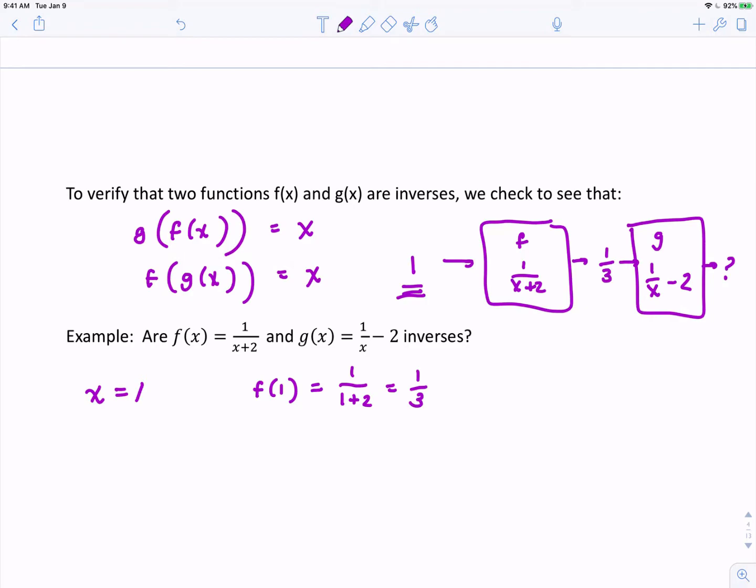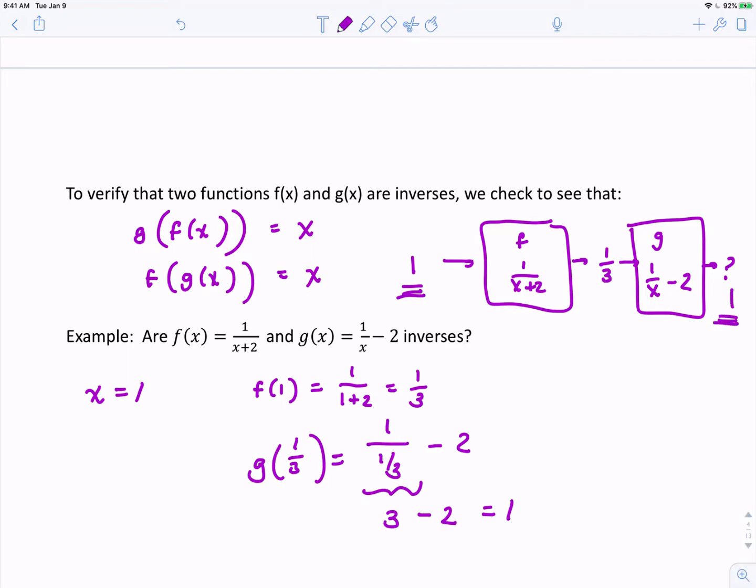So let's find out what g of 1/3 is. G of 1/3 would be equal to 1 over 1/3, in other words, the reciprocal of a third, minus 2. The reciprocal of a third is 3, so 3 minus 2, oh, that's 1. I put in a 1, I got out a 1.